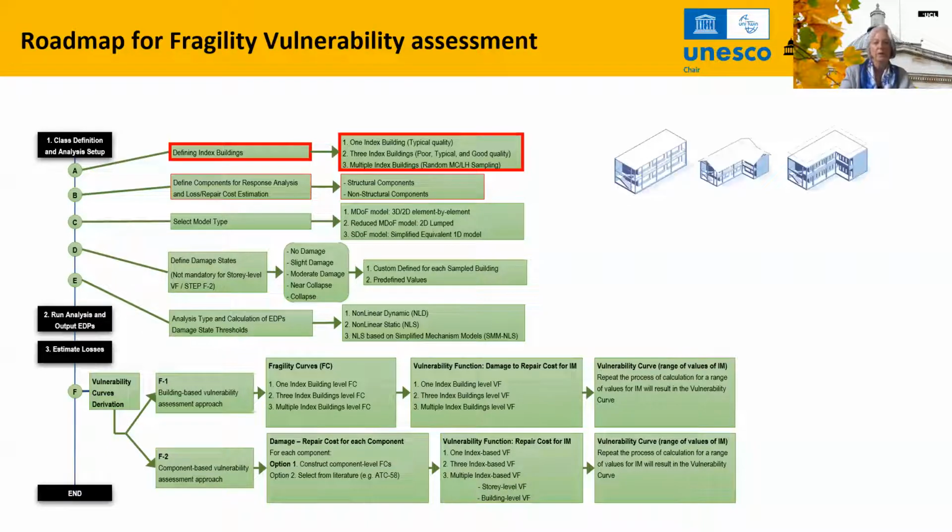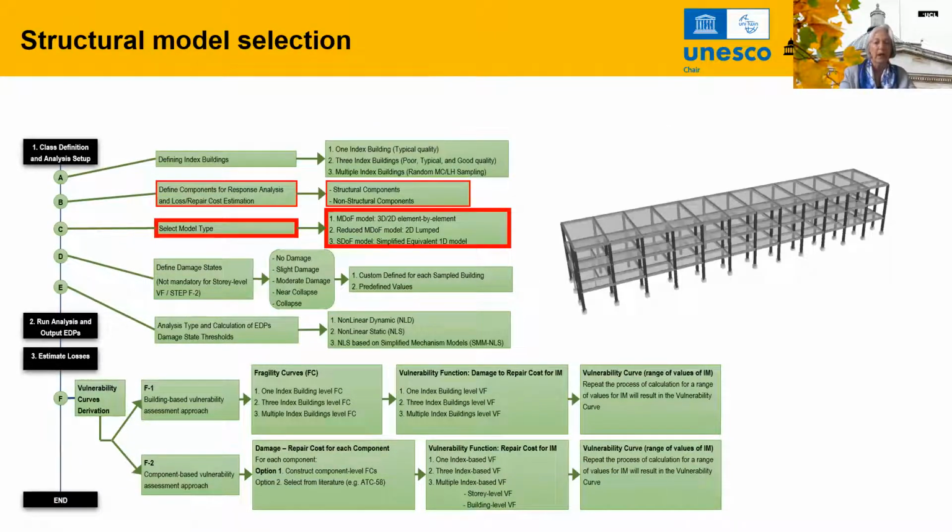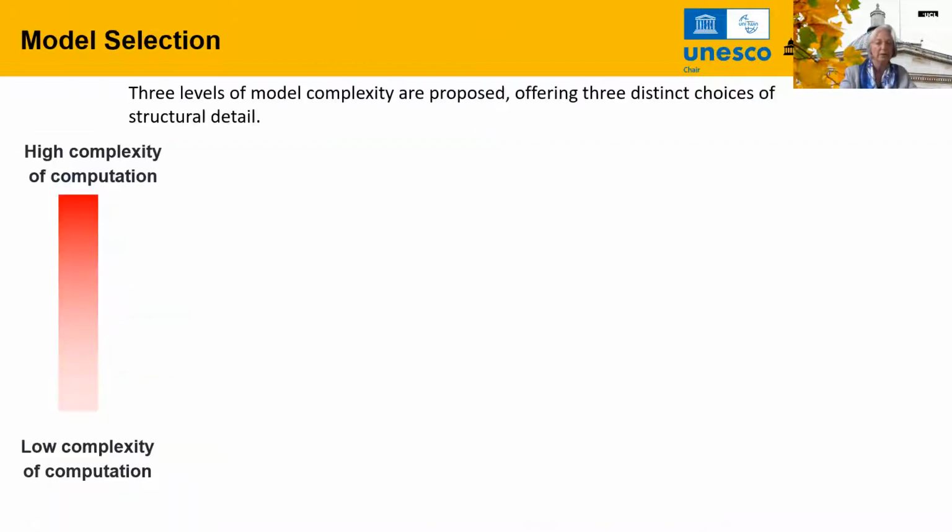We need to define the index buildings, and we have done that already through the previous lectures and through the previous assignments that we had provided. The next step is to identify or select what type of models we want to build for a given analysis.